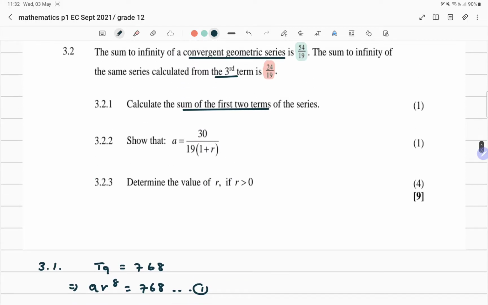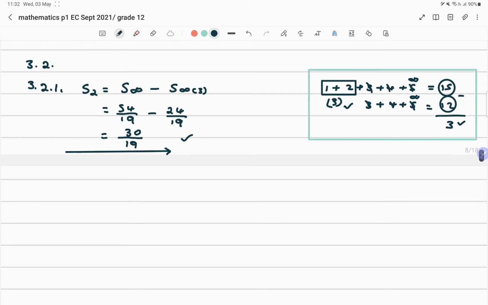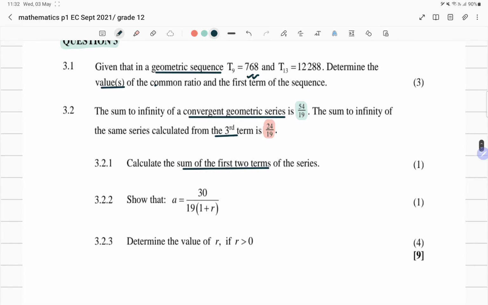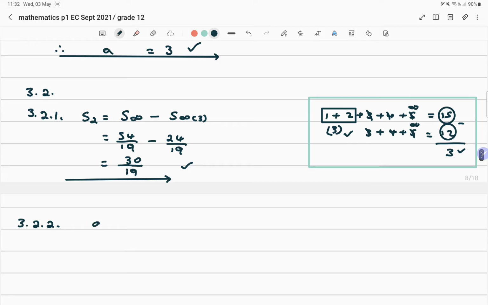Now 3.2.2, it says show that a is equal to that expression. Okay, that's easy. So what are we going to do? Well, remember this is a geometric series, so we know that a plus ar, which is the second term, should give us 30/19 from above.